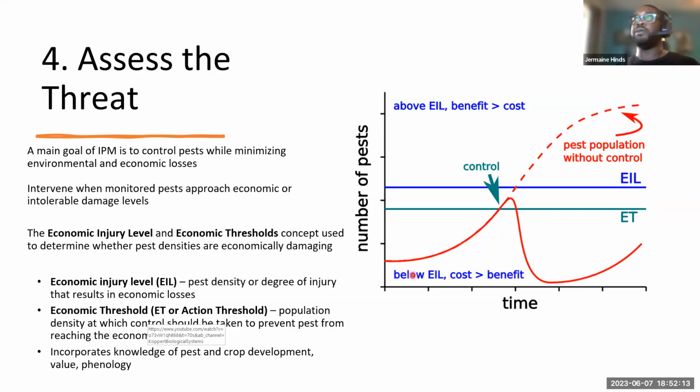Below the economic injury level, under this line, insects are not economically damaging yet. This may look like one defoliated leaf because you have 2 potato beetles on your plant. But when you get to here, if you have 6 potato beetles and half your plant is defoliated, you know what I'm saying?